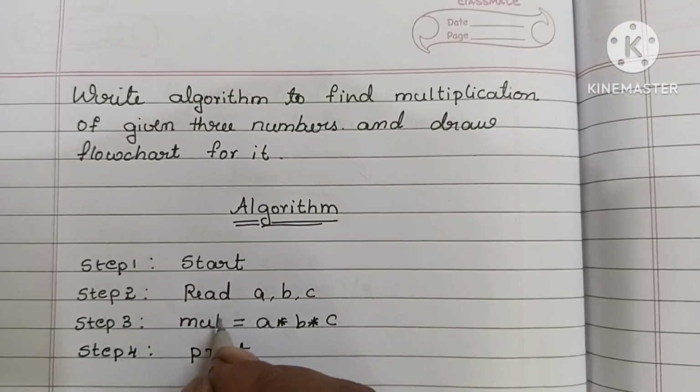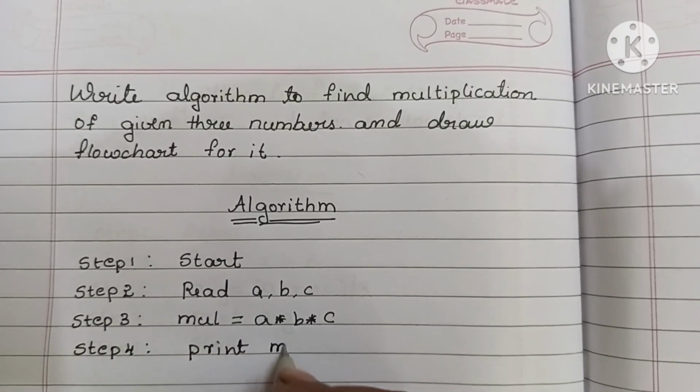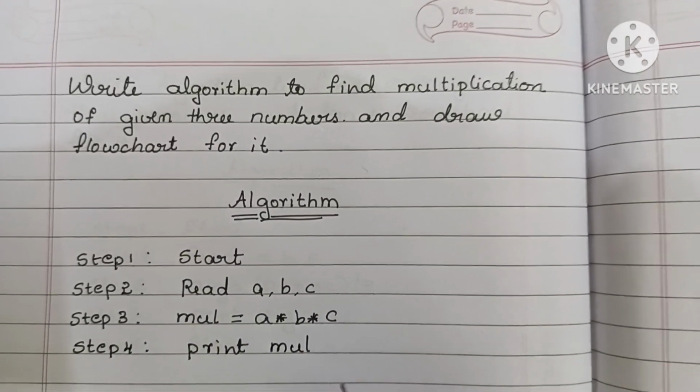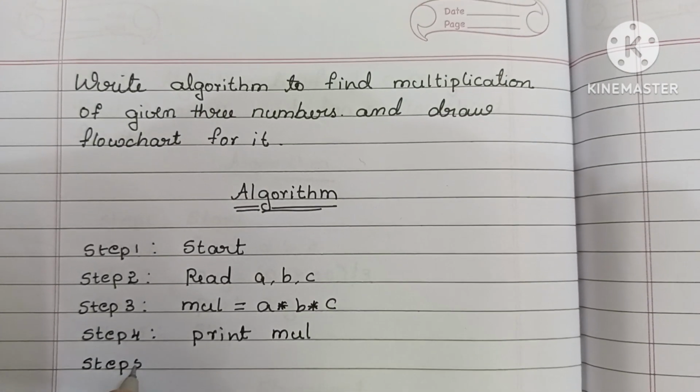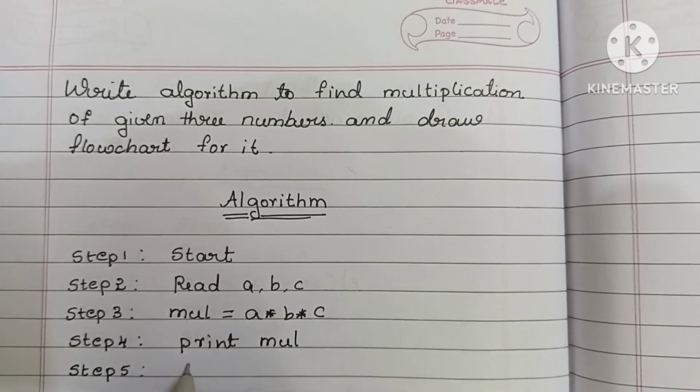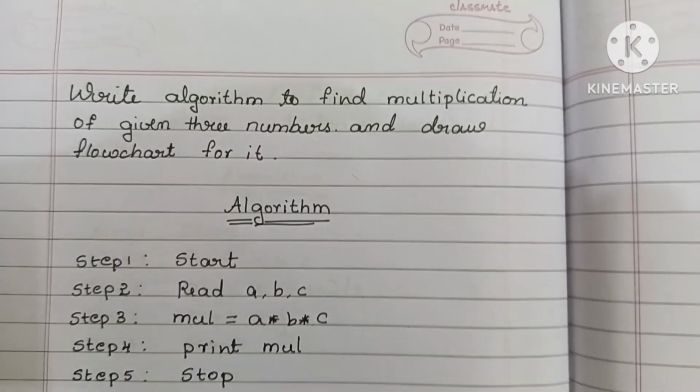Here we have to print the output as MUL, that is the multiplication of three numbers, MUL. Step 5. In step 5, we have to stop the algorithm using the stop statement.